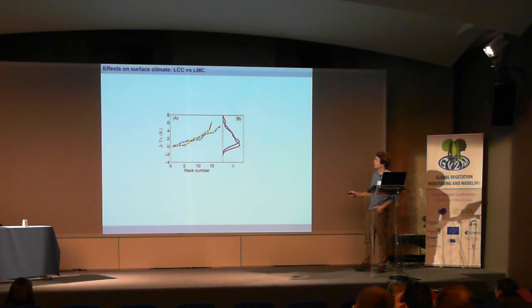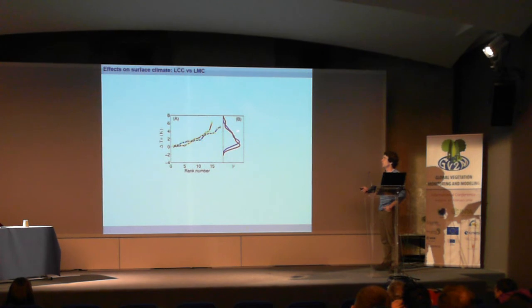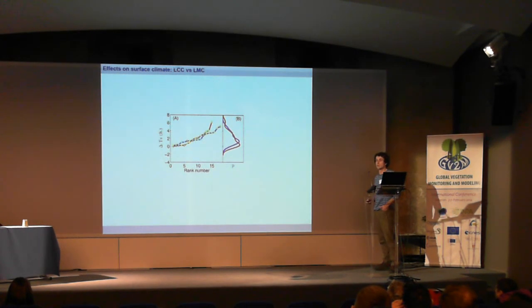We just ranked them from the smallest effect to the largest effect, and then we smoothed it with a statistical function so that we could create a distribution. The first conclusion, or what is evident from this small analysis, is that the effect of a land cover change is very similar to the effect of a land management change.